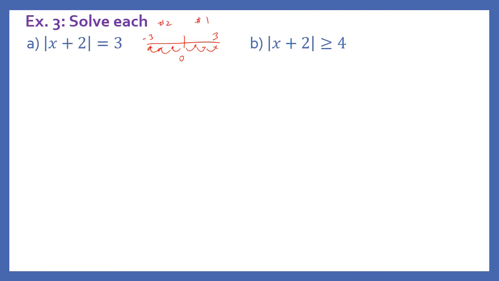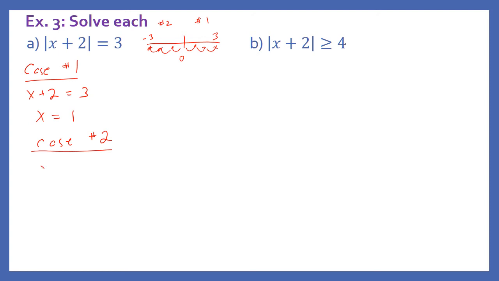So to organize our solution process, case number 1, I'll pick the positive one. So x plus 2 has got to equal positive 3. Simple solution, x equals 1. Case number 2, I could be negative 3, because negative 3 is also 3 units away from 0.